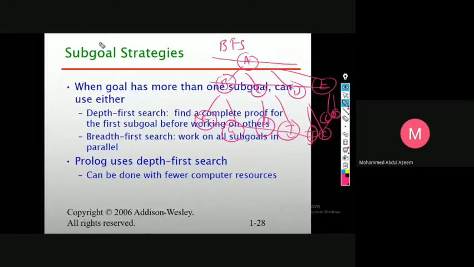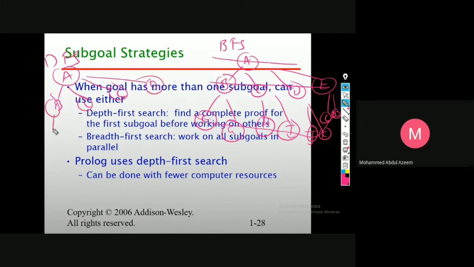But in depth first search, what happens? With the same tree, you explore only one live node until you reach the goal node. If you could not reach it in that particular path, then you take an alternate by backtracking.